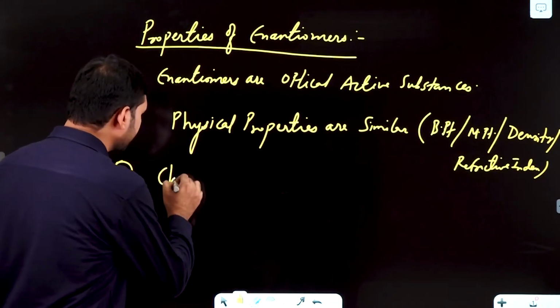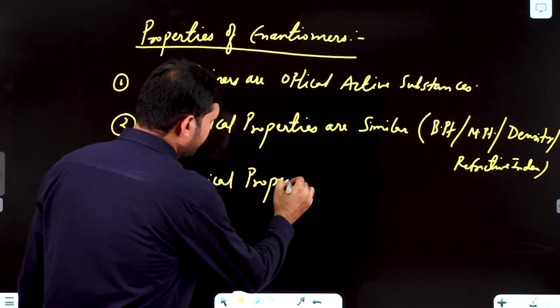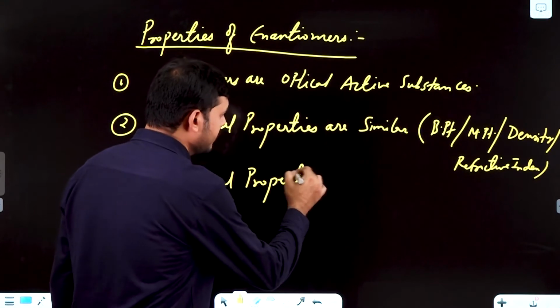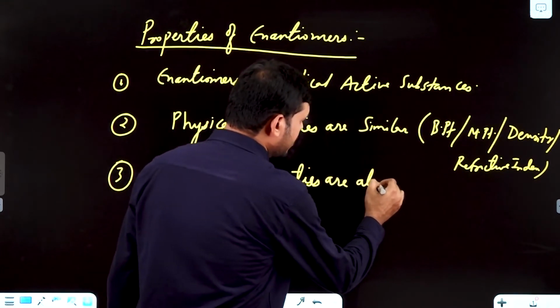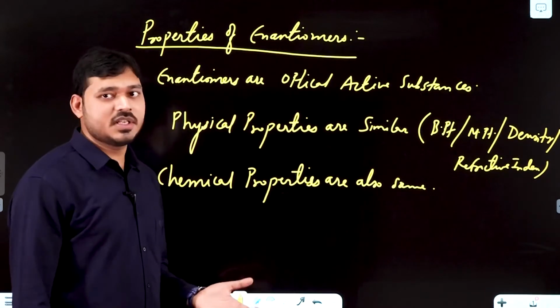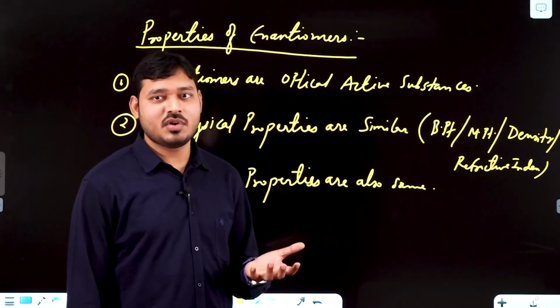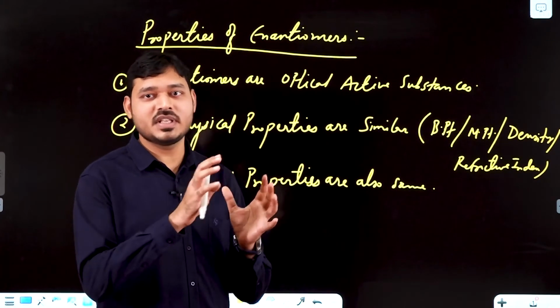Next, chemical properties are also the same. Their chemical properties will also be the same. Because suppose I say a compound having alcohol, meaning the functional group in that compound is alcohol.